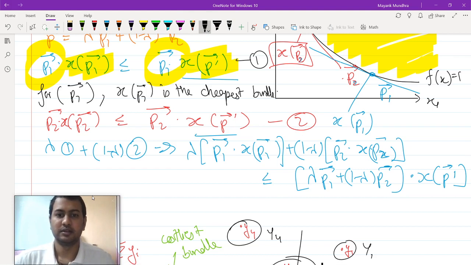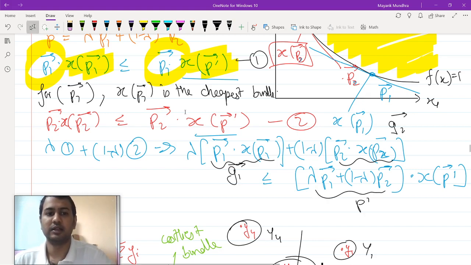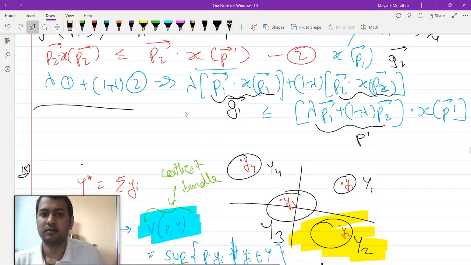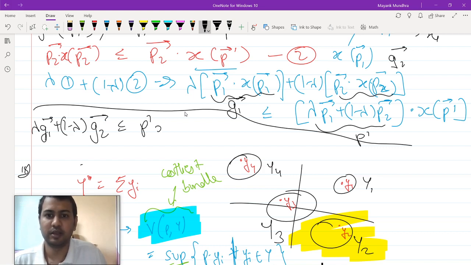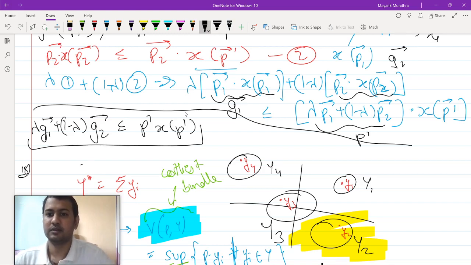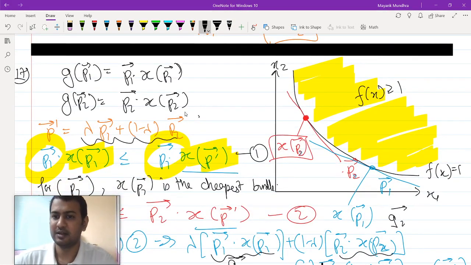Now see that this is nothing but g1 and this is nothing but g2, and this is nothing but p prime. So from all this, what I get is lambda times g1 plus 1 minus lambda times g2 is less than or equal to p prime dot x of p prime. And p prime, as you might remember, is nothing but lambda p1 plus 1 minus lambda p2.